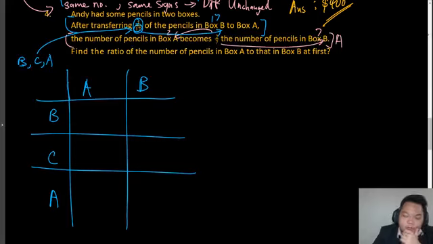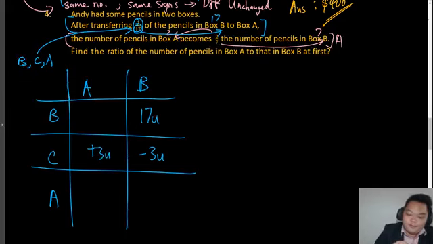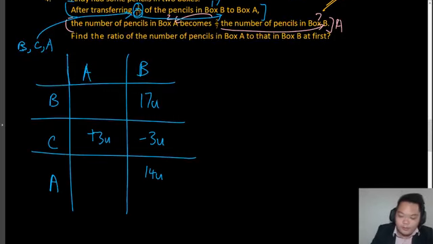Okay, but anyway, you can see that for B, you have a total of 17 units. You move 3 units over to A. So you would be left with 14 units here. Your A, you're not too sure what it is at this point. Okay, but you also know that the ratio at the end is going to be 2:7.